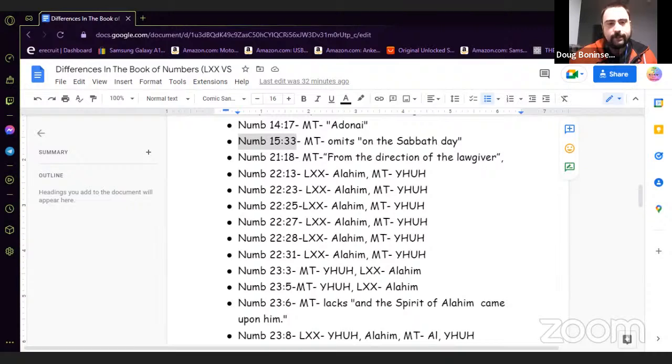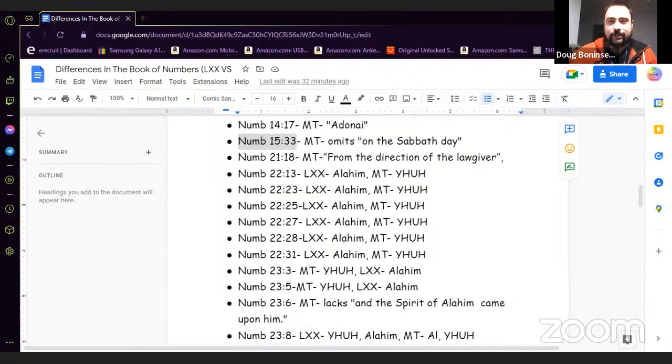But people that are new to Torah, if they're not reading the whole chapter and they're just reading 33 by itself, they'll ask, why is he being brought to Yahuwah for gathering sticks? So I understand where those rabbis might be coming from, but if it's originally there in the text, leave it there.